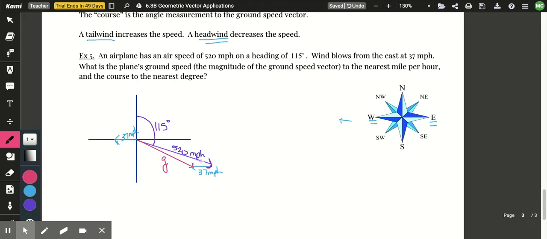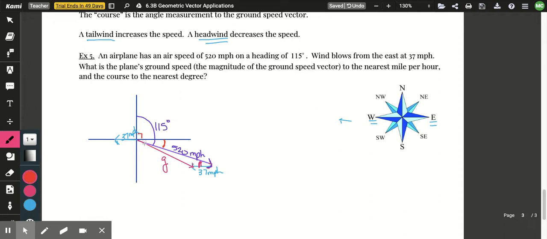The angle that I would really like to get is this one that's across the triangle from the ground speed vector. So I'm going to see if I can use any information from my picture here to help me get that angle. Now I see on my picture here that the one angle that I do know is 115 degrees. And with that, I can actually figure out what this angle is right here because it's past 90 degrees.